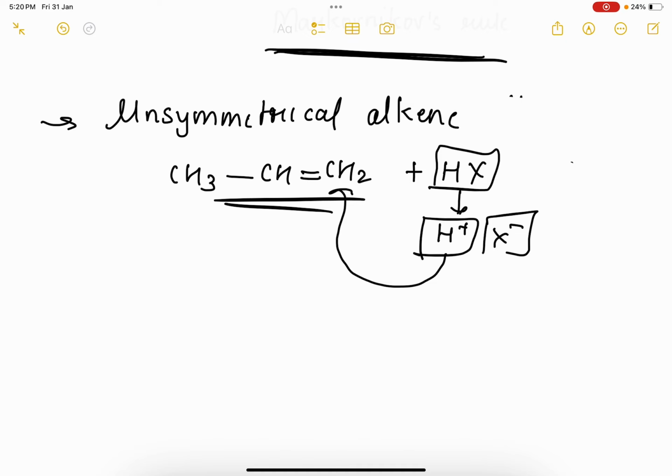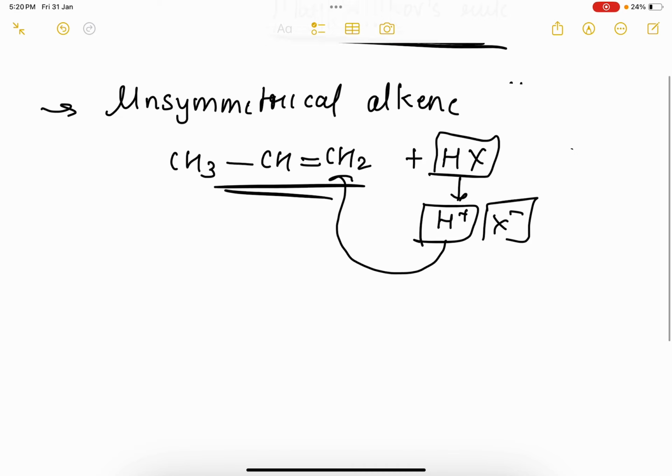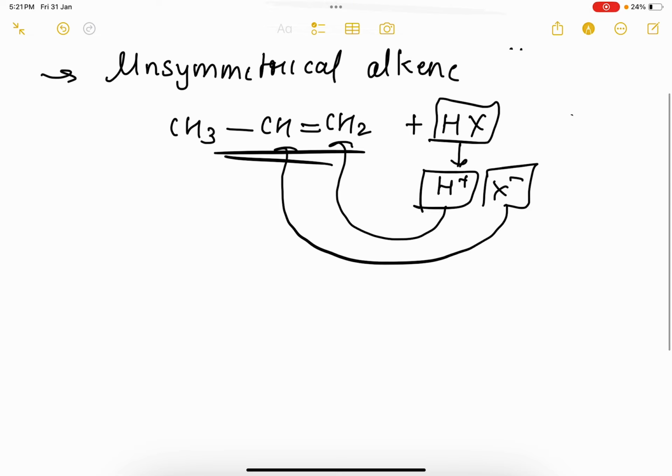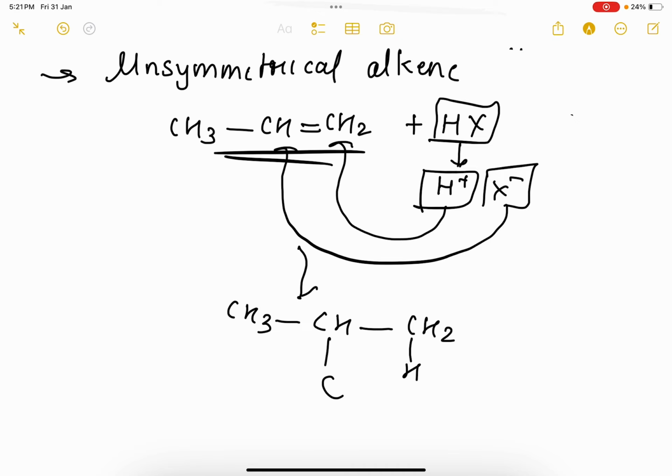The first rule of Markovnikov is that the addition of HX in unsymmetrical molecule is done in such a way that H plus goes to that unsaturated carbon which is bearing more number of hydrogen. The H plus goes to that carbon and the X minus goes to the carbon which contains less number of hydrogen, and the final product is CH3-CH(Cl)-CH3. Okay, this is the first rule of Markovnikov.